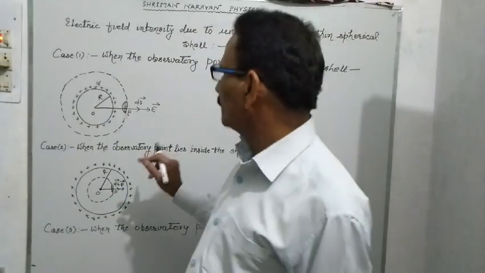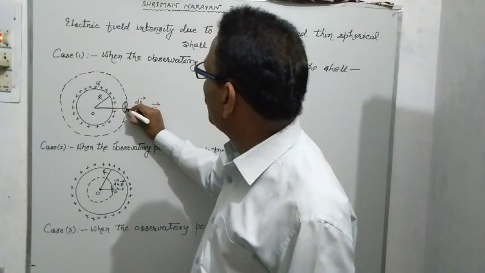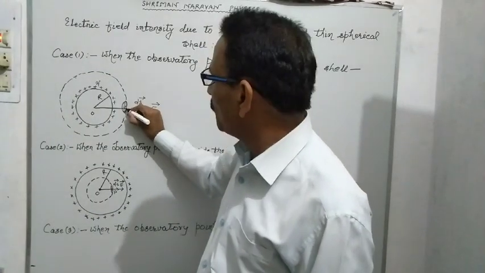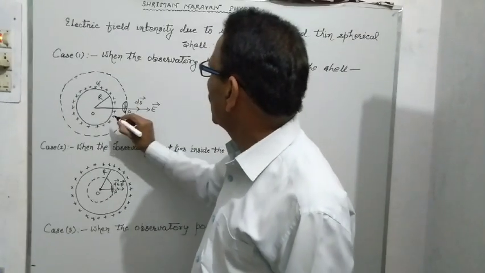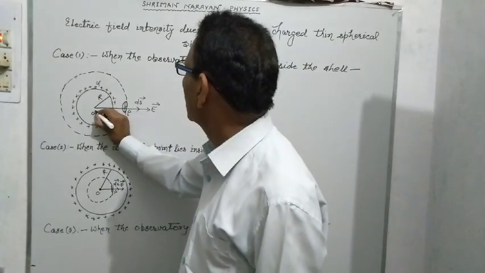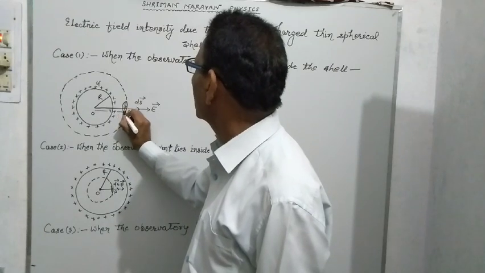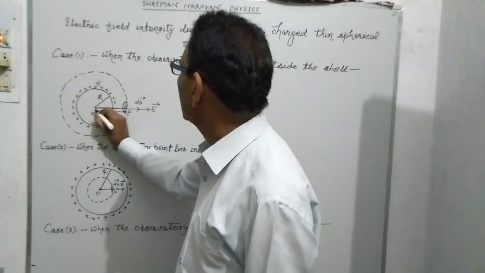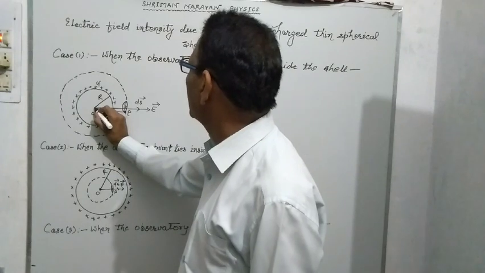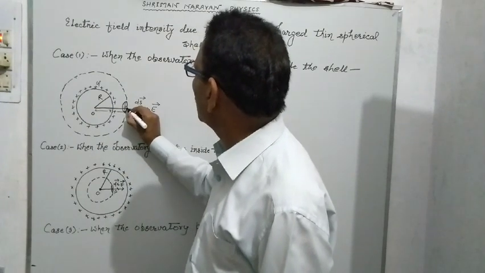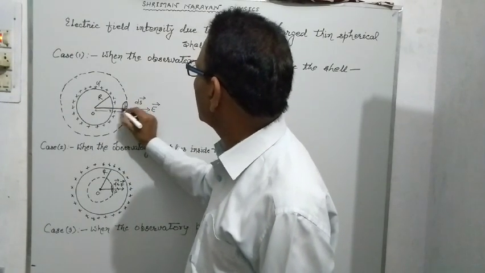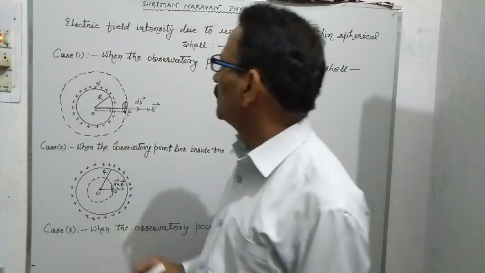Now consider an observation point P, and this point P lies at a distance small r from the center. You can see from the figure that the distance joining the center O to the observation point P is OP, and it is equal to r.